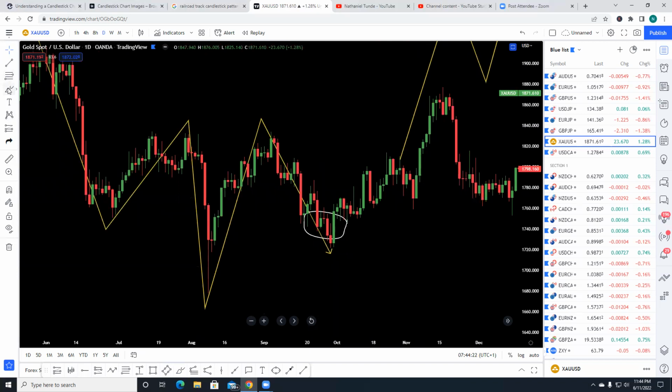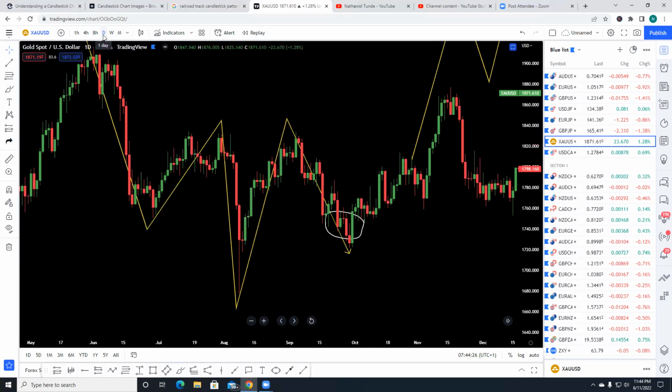You will see an engulfing candle. Remember, this is a daily time frame. You want to see an engulfing candlestick pattern at the end of the correction. This will signal to you that the corrective structure is over.